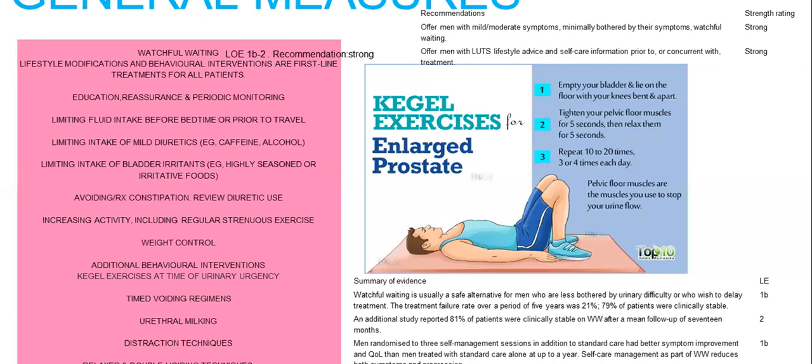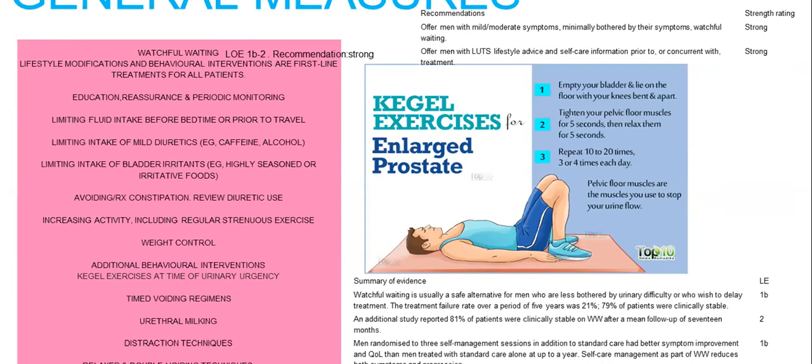These are aimed at limiting fluid intake before bed, time of travel, or when important activity is planned, limiting the intake of mild diuretics, limiting the intake of bladder irritants, avoiding and treating constipation, increasing activity, weight control, and Kegel exercises at the time of voiding, as well as timed voiding regimes, urethral milking, distraction techniques, relaxed and double voiding techniques, and bladder training.